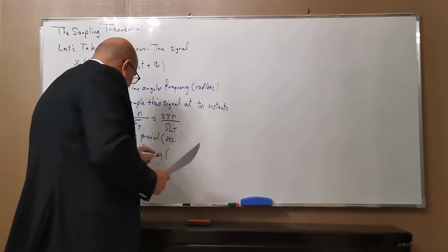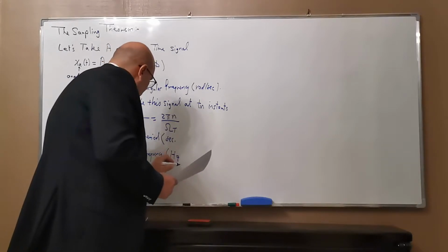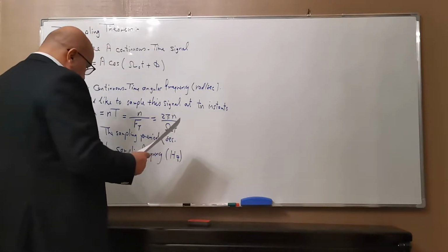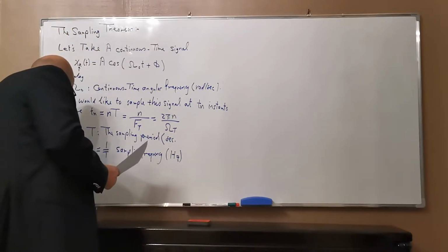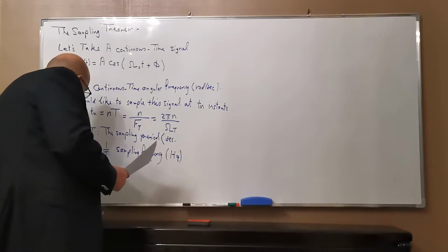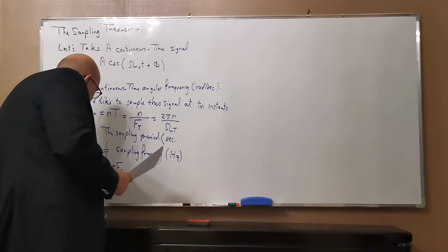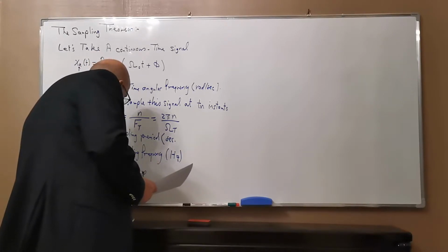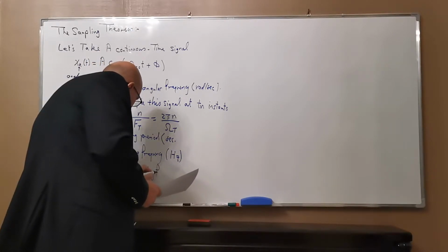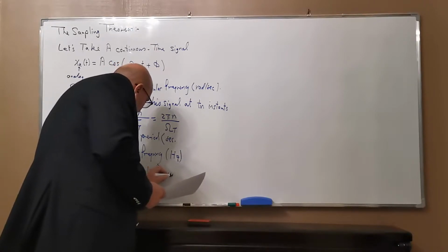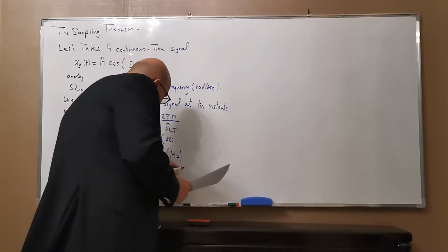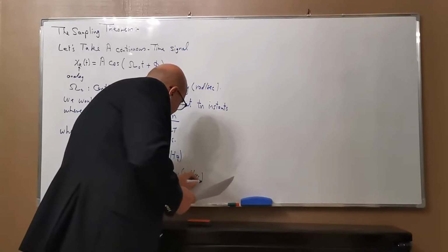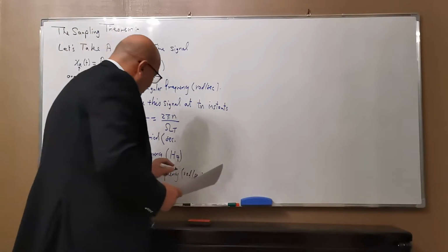This one is in hertz, which is second inverse, and omega_T, which is equal to 2 pi f_T, is the sampling frequency but in radians per second. Radians per second, okay?